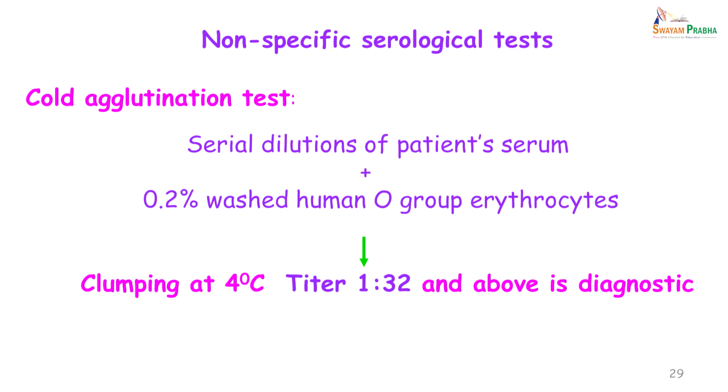The cold agglutination test is a test in which we take serial dilutions of the patient's serum, to which we add O group erythrocytes. This is then incubated at 4 degrees Celsius. So, that is the cold part of the cold agglutination test, and a titer of 1 in 32 or above is diagnostic of Mycoplasma pneumoniae.